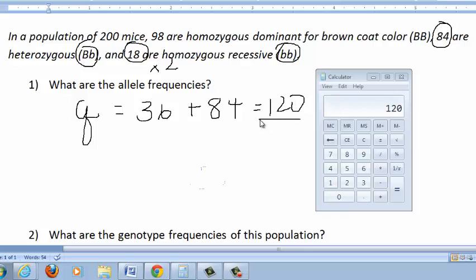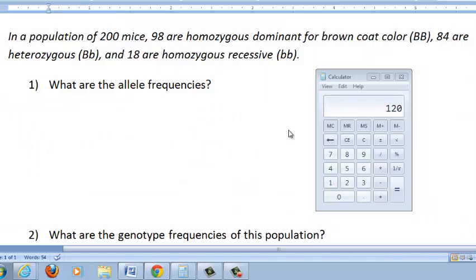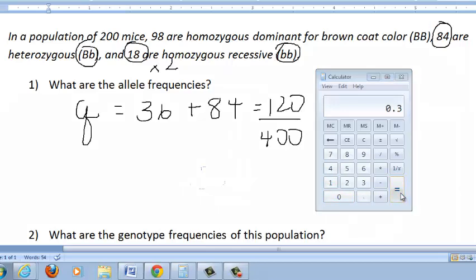And then divide that by our total alleles, which remember was 2 times 200, so 400. So 120 divided by 400 equals 0.3. So again, Q equals 0.3, or 30% of our population is recessive alleles.